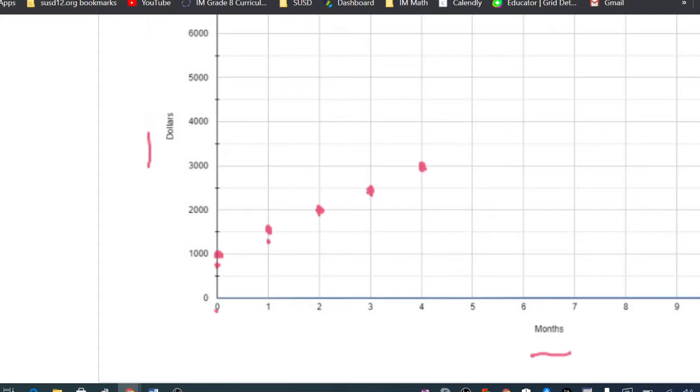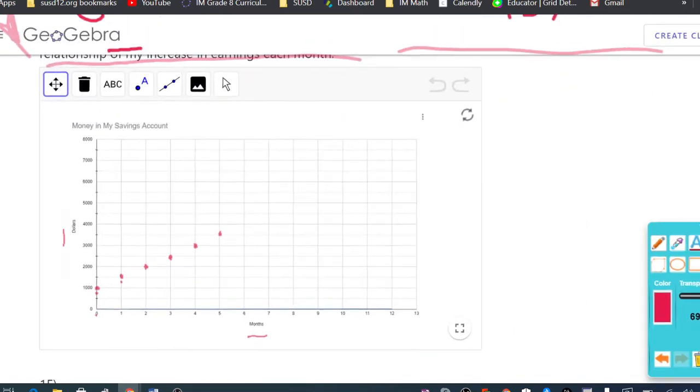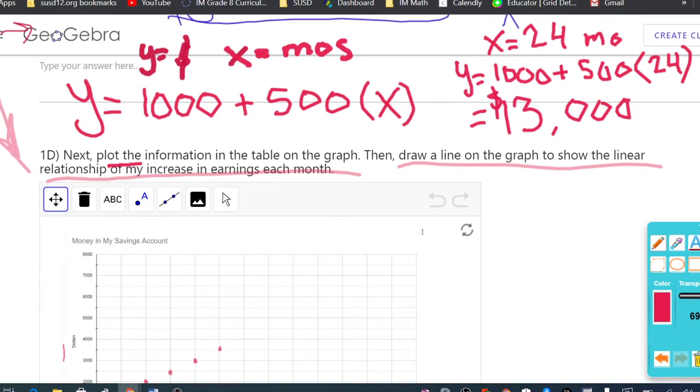After 5 months, I had $3,500 in my bank account. And keep going and keep going. I'm going to skip ahead to 10 months. After 10 months, I had, let me think again. What was it? 1,000 plus 500x.